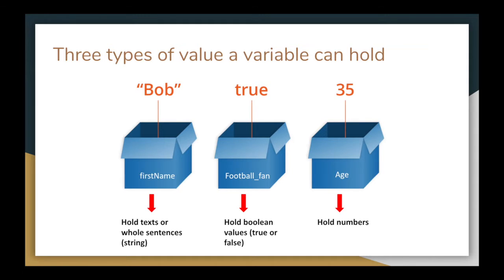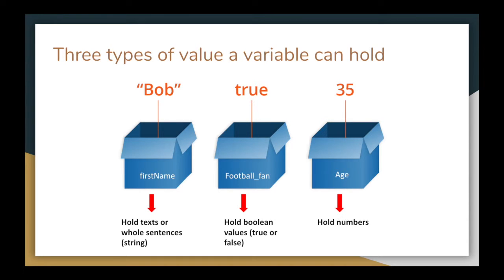The first type of value is text or string. As you can see here, the first box is a variable that has the name first name, and the value is Bob. The middle one labeled as football fan is a variable that holds a Boolean value. The Boolean value is true or false.